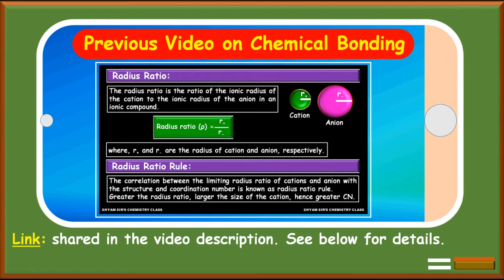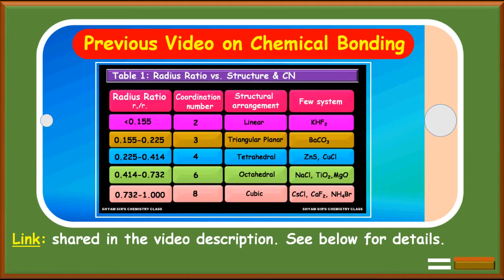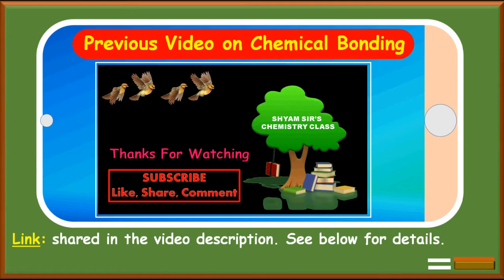The radius ratio rule I have discussed there, and the application and limitation of the radius ratio rule. I have shared the video link for the previous lecture, that is lecture 1 for chemical bonding, in the description of this video. Okay, you may watch the previous one, then it will be easier to understand this video.